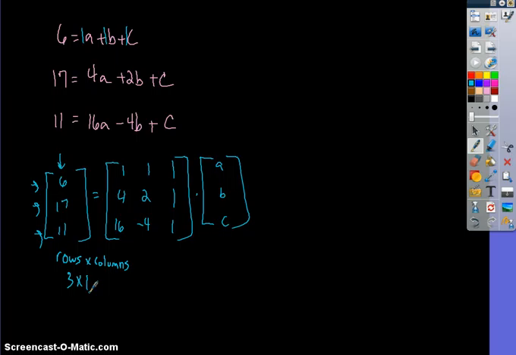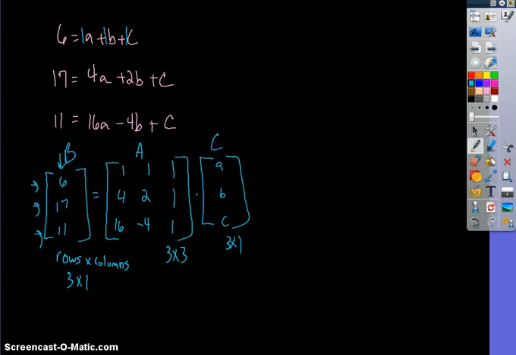This one has 3 rows and 3 columns, so this is a 3 by 3 matrix. And this is 3 rows and 1 column, so it's 3 by 1. Let's get this straight. Let's name these things: let's call this one A, this one B, and this one matrix C.